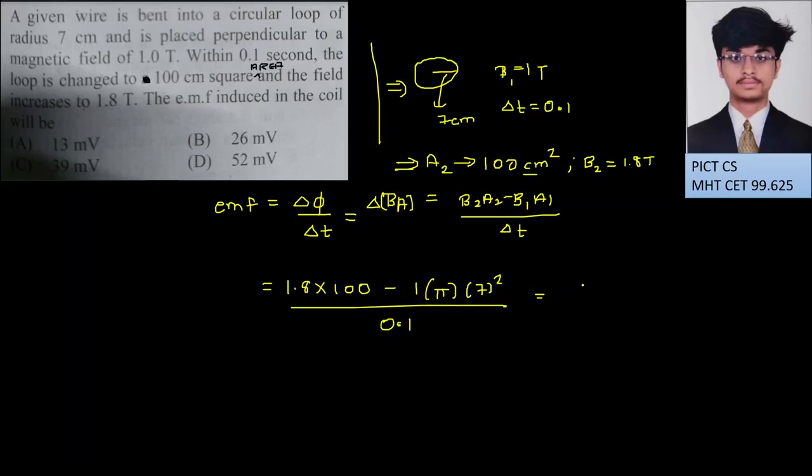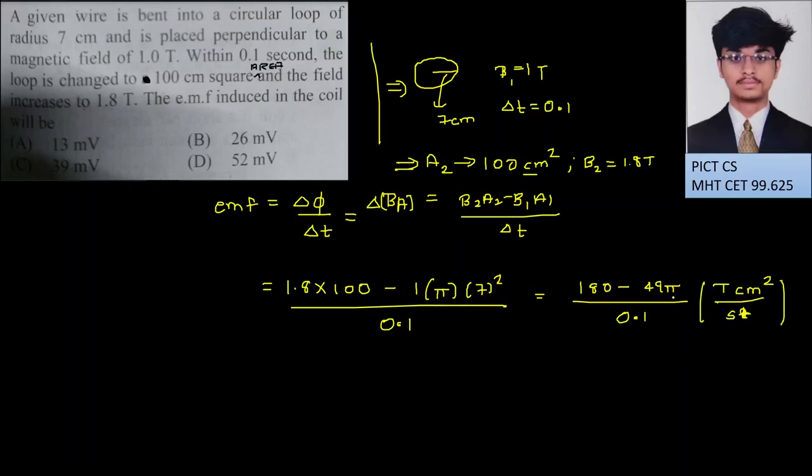So what's 1.8 into 100? It's 180 minus 7 square, 49 pi, upon 0.1. What will be the unit? For B it's Tesla, I have considered the area in centimeters square, and time will be, of course, seconds. Yeah, this will be the unit.